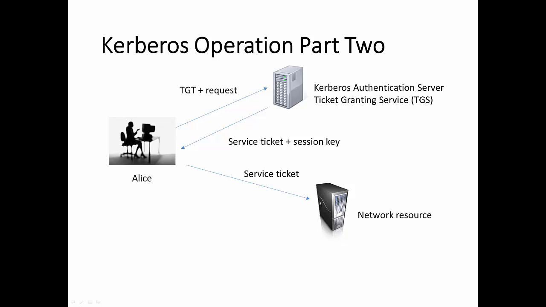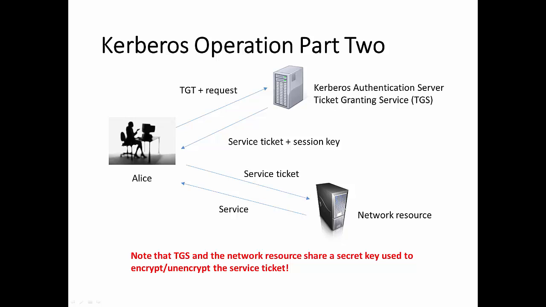So when the network resource starts to communicate with Alice, it will use the same session key Alice received originally, so that Alice is the only one who can decrypt it, and that's how Alice is able to use the network resource. As you can see, the service is going back to Alice. However, everything between Alice and the network resource will be encrypted using the session key Alice originally received from the ticket granting service.